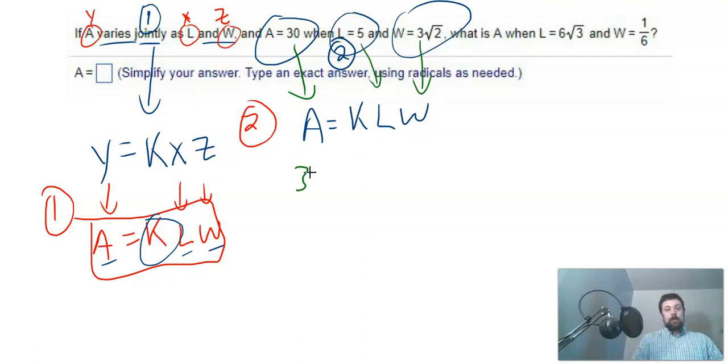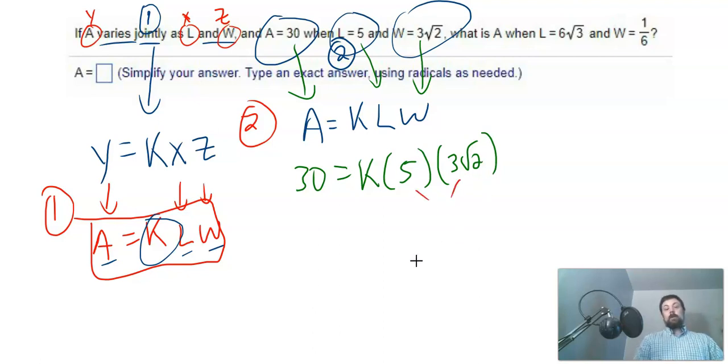All right, so we're going to have 30 equals K times L, which is 5, times W, which is 3 square root of 2. So what I would do first is multiply these two numbers together. With the radical there, it doesn't cause any issues, because it's all multiplication.